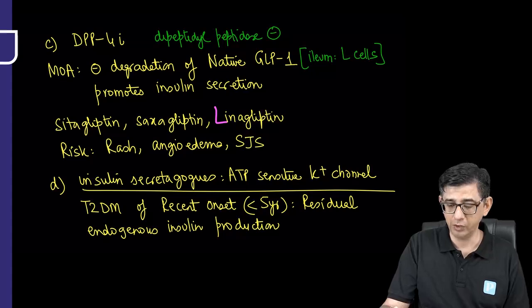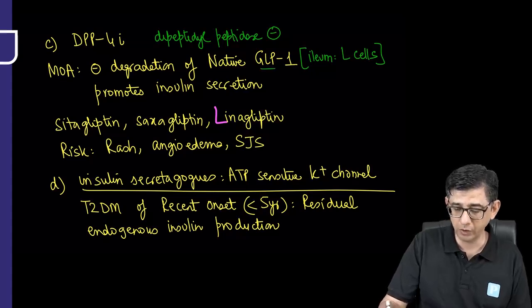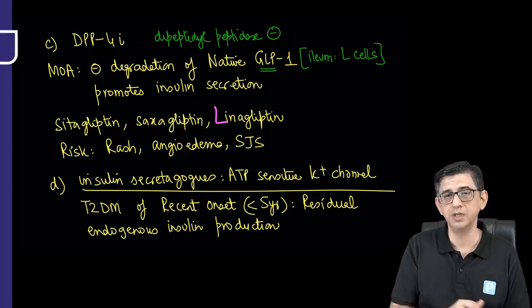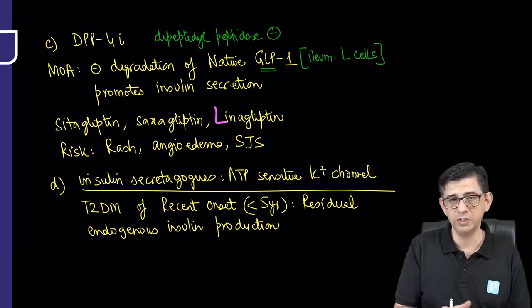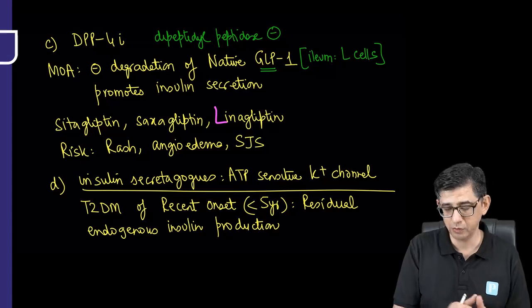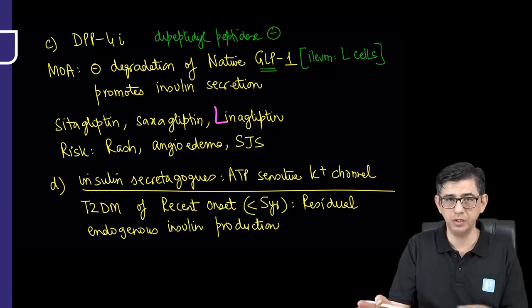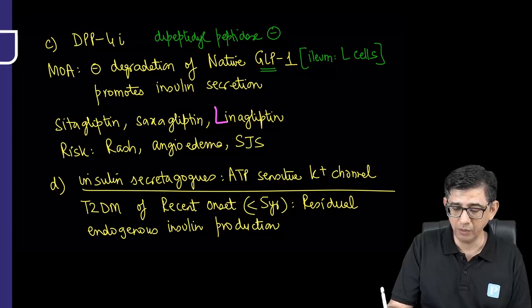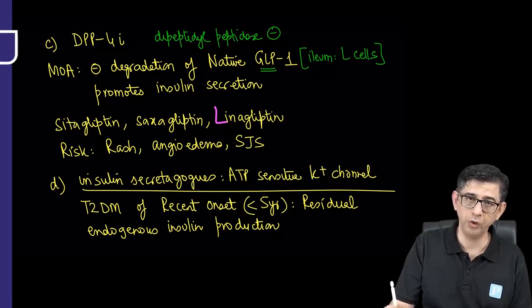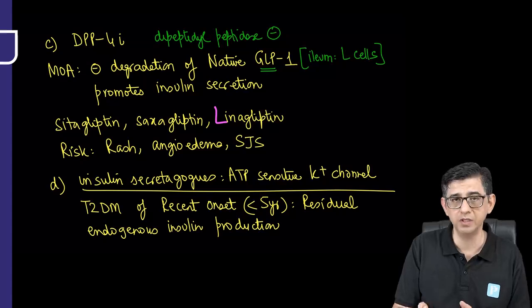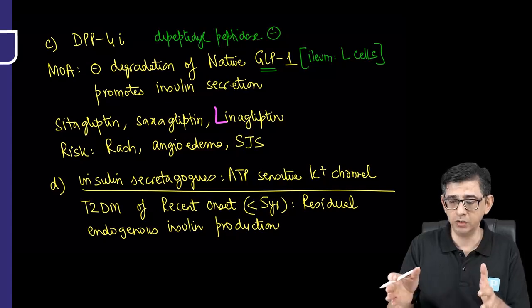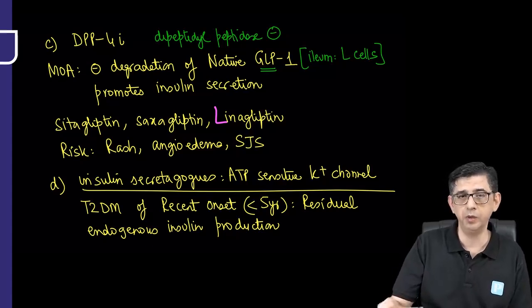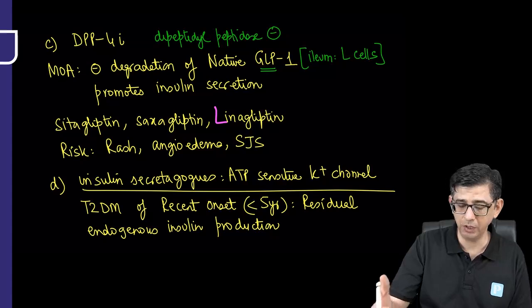Because of that, this molecule will now be able to act for a longer duration, so it will send more sugar inside the cells, which is a benefit for me. It is promoting insulin secretion, that is okay. But the main point is this molecule which is promoting insulin secretion is degraded by an enzyme. If you block the enzyme which breaks it, then the total duration of action for which this molecule will be able to promote insulin secretion will be relatively longer.